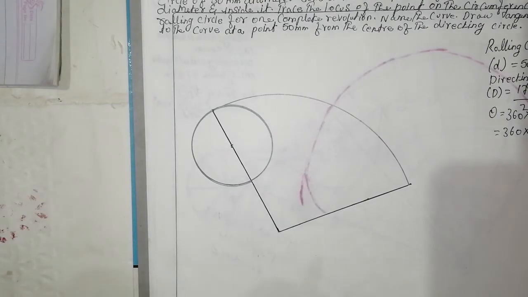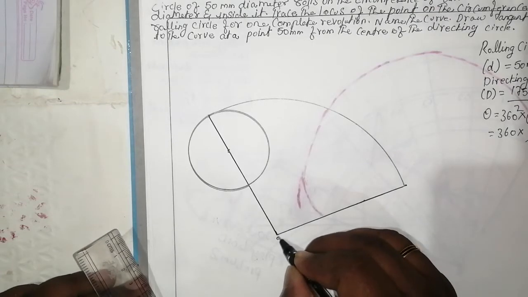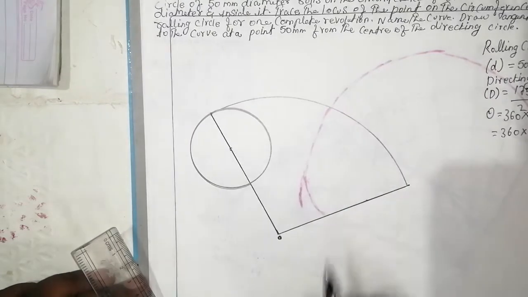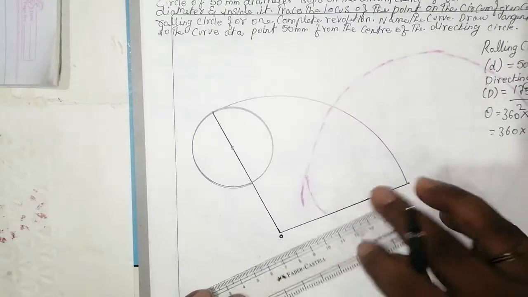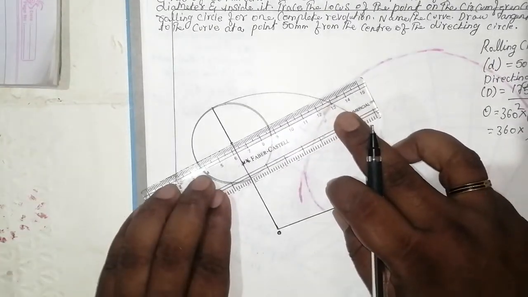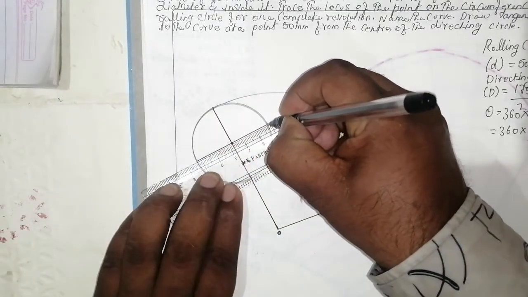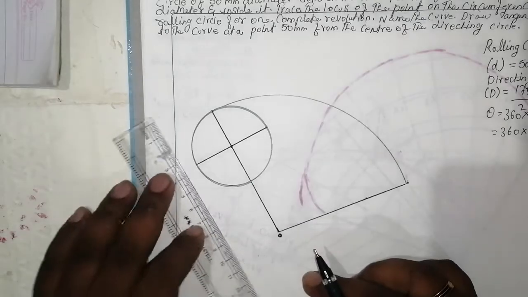After that, I'll take this one as point O. Yesterday I showed you how to divide into 4 parts.